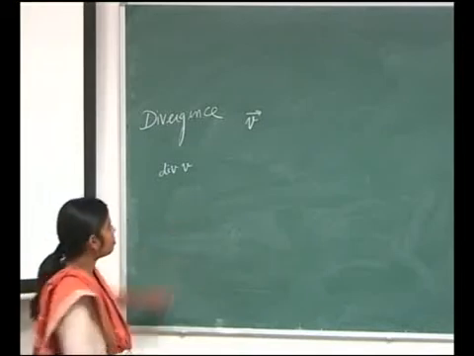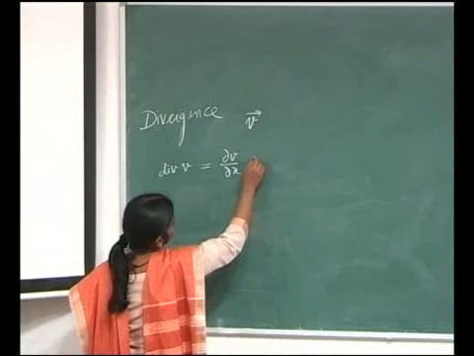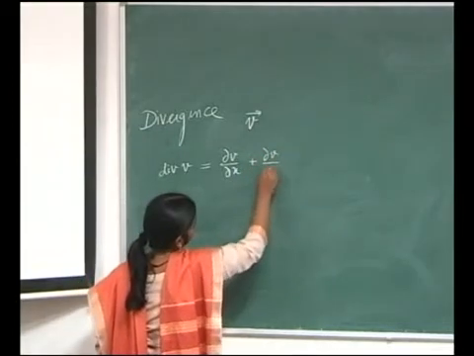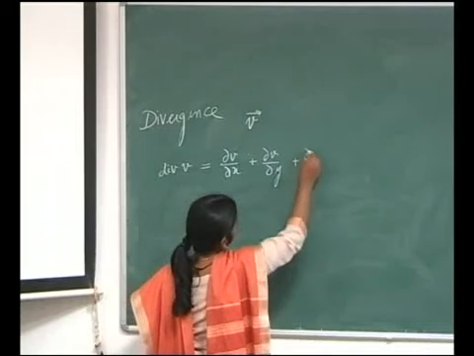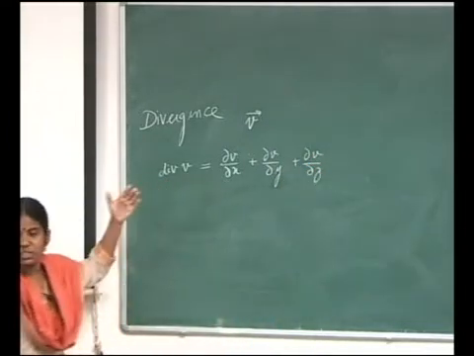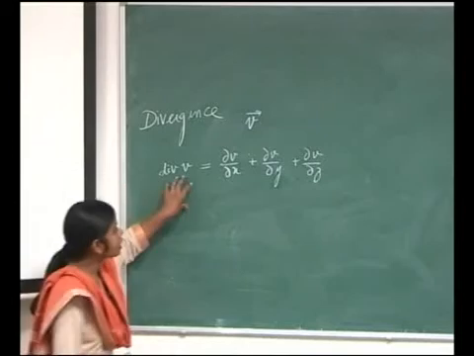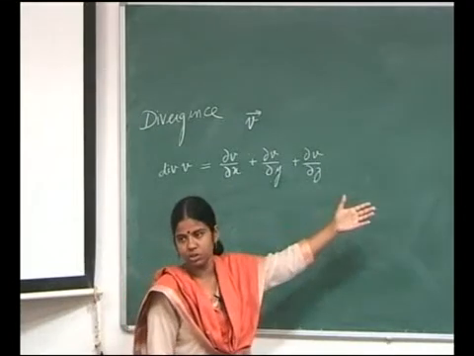In divergence I have del v by del x plus del v by del y plus del v by del z. So this equation tells me what the change is along the direction of motion.